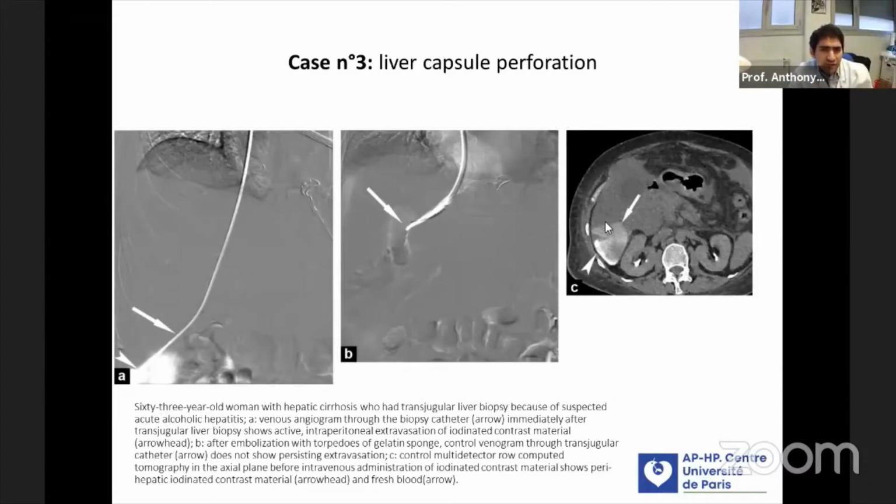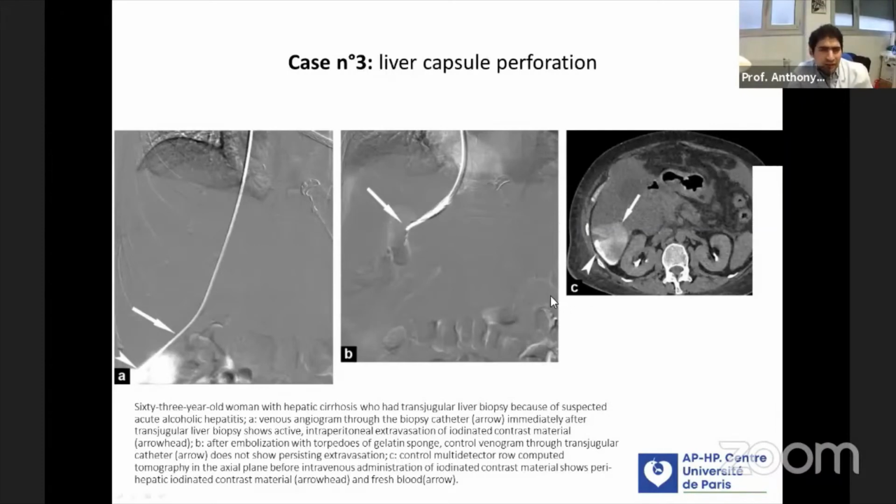And here you can see on the CT that the contrast is in the subcapsular area. If it remains in the subcapsular area, usually it may be sufficient to compress the venous system and to make the hemostasis. But patients that are amenable to transjugular liver biopsy usually have hemostatic troubles.